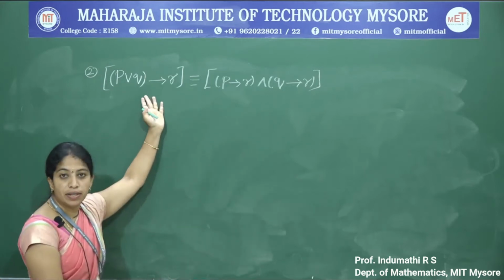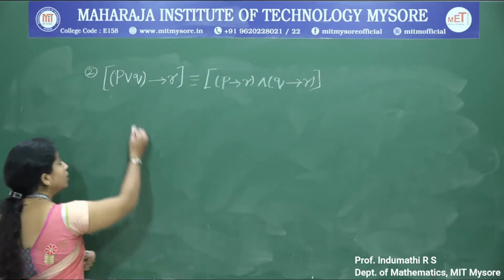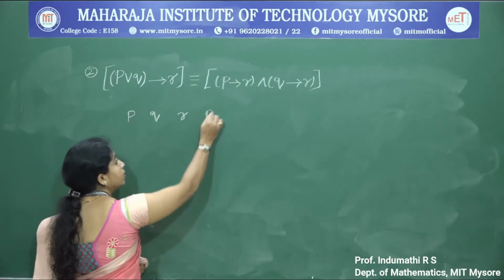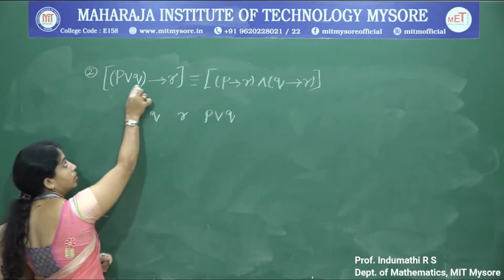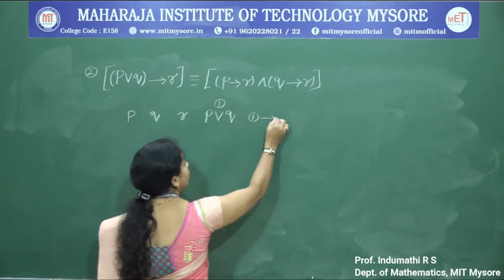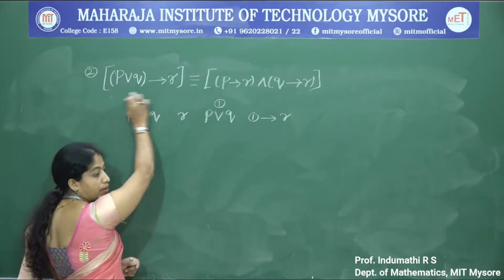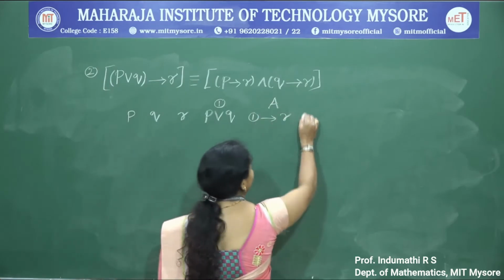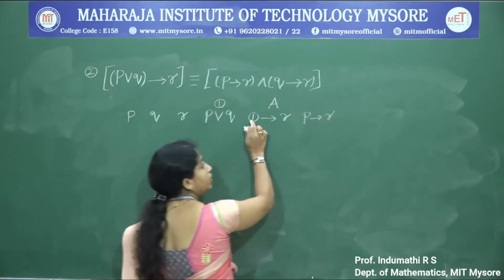Now how many statements are there? There are 3 statements. Here we need P, next is Q, R, P disjunction Q. P disjunction Q. Denote this by 1. 1 conditional R. This is the LHS part. Denote that LHS part by A. The next is P conditional R. Already 1 is over.